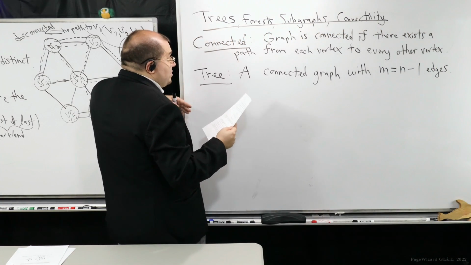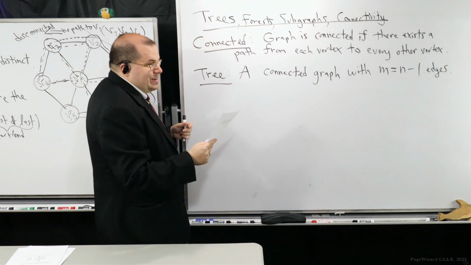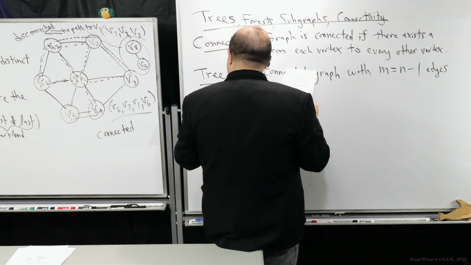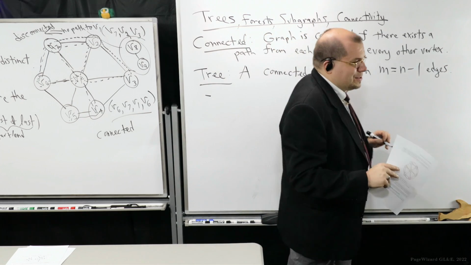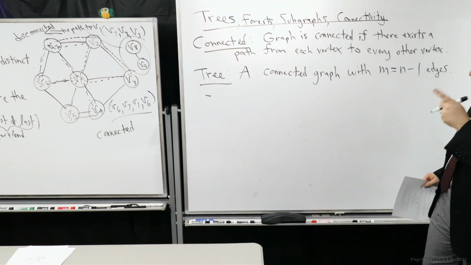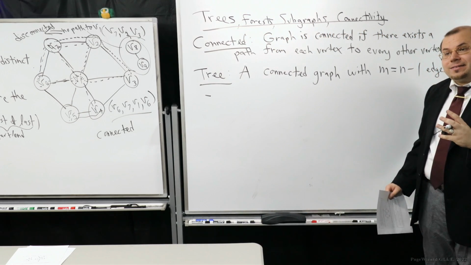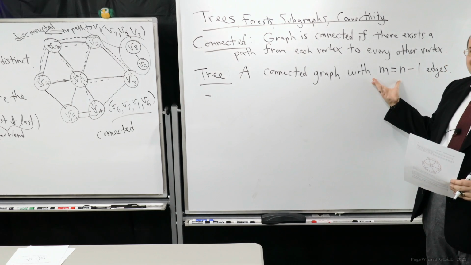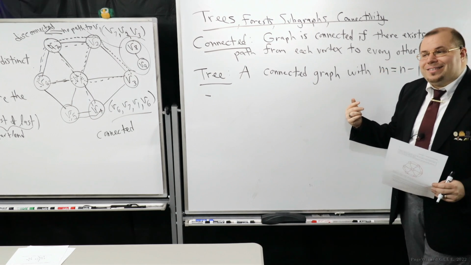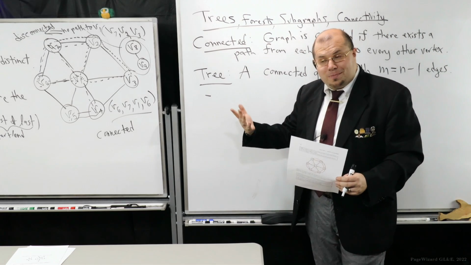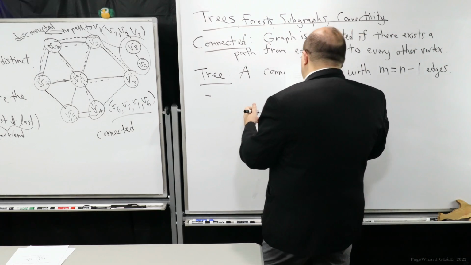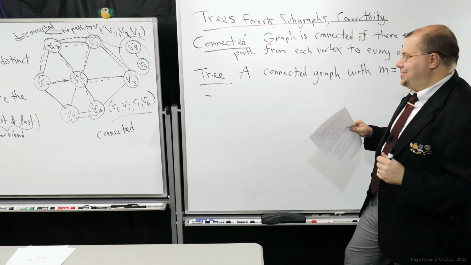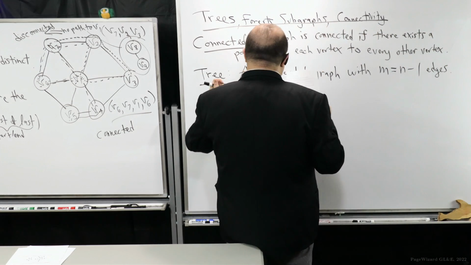But I must stress that there's several other ways you could define a tree, and all of them are useful in their own ways. There are probably graph theoretic proofs out there that will use one characterization of a tree, or even combine these to help you. So you'll start off saying, okay, this is what a tree is, and then you might use one of these alternate definitions to invoke a property. It's very common. This is also one of the reasons why trees are so useful when you start talking about data structures. There's a lot of things you could say about a tree.